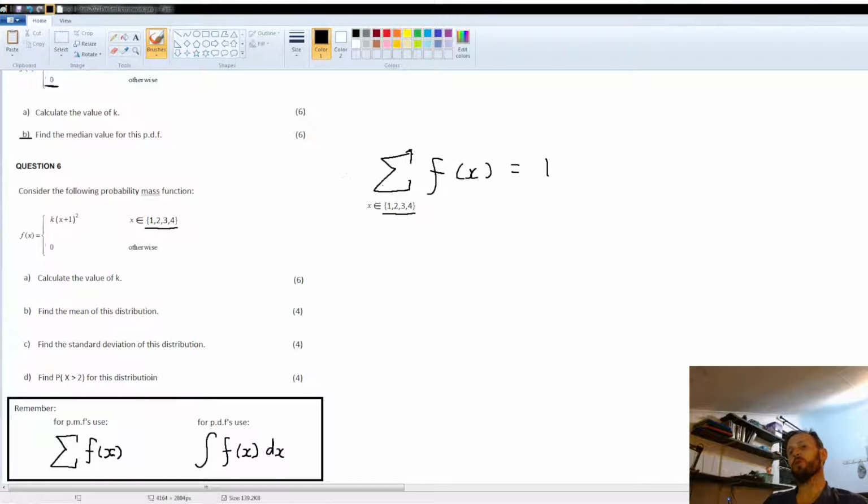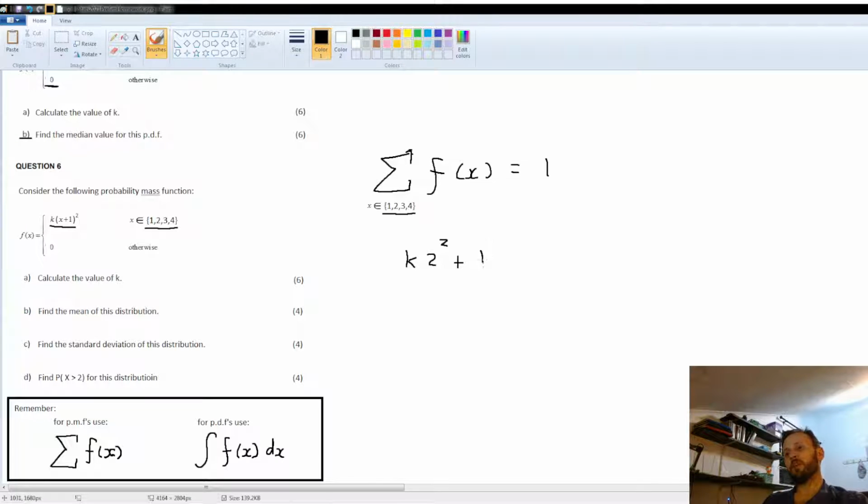When x equals 1, what do you get? You get k times 1 plus 1 is 2, so it's k times 2 squared. That's it. It's very straightforward. I'm just using the function itself, and I'm putting in the values 1 and 2 and 3 and 4, and I'm adding them all up. That's the summation.